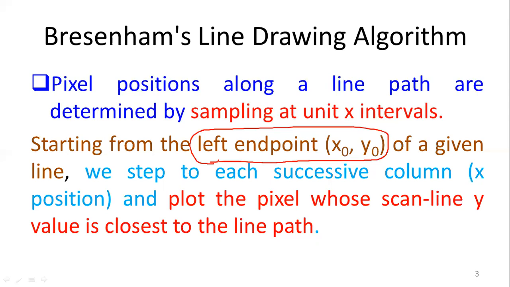Then we have to determine the remaining pixels along the line path, and we have to reach the right end point. So we always start from the left end point x0, y0, then determine the intermediate pixel positions, and finally we reach the right end point.